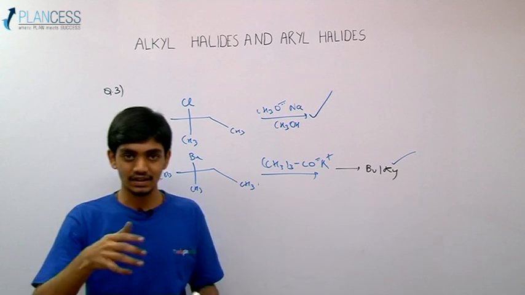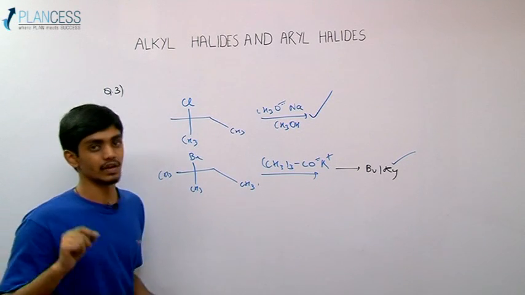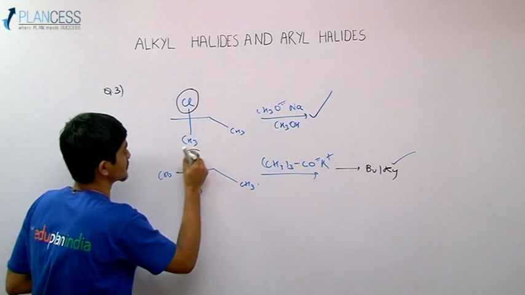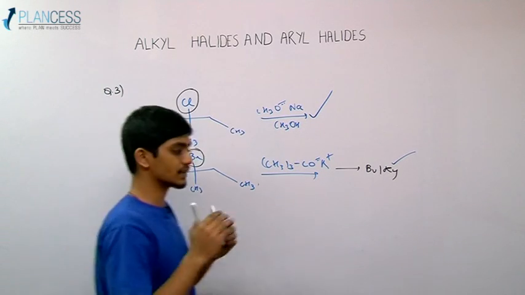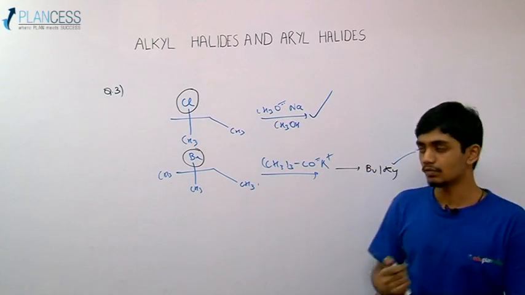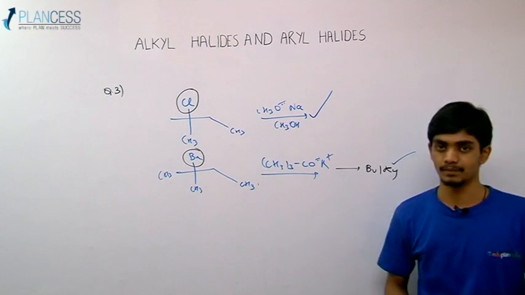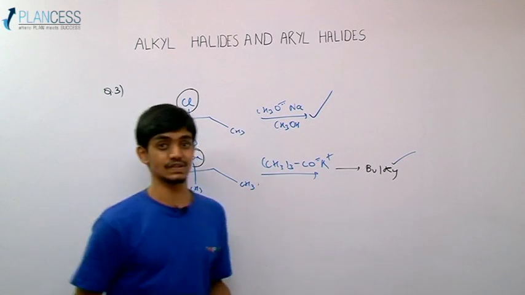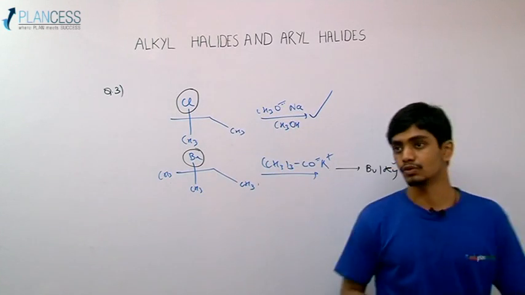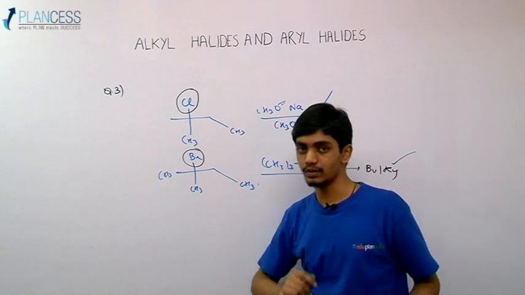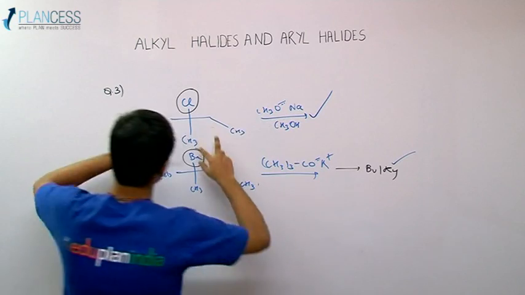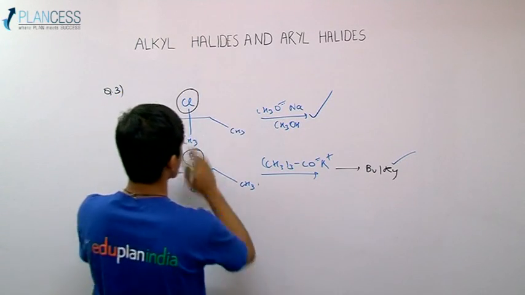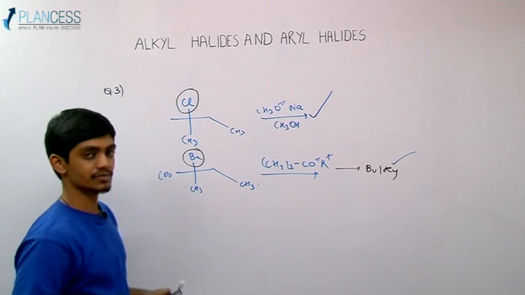And don't apply your logic like this. There is one more reason why I am saying that. See this chlorine and see this bromine. Tell me the leavability is more for what? Clearly it is bromine, and hence the chlorine won't leave so easily. So that means if you go through the SN2 pathway, these three CH3 groups face the back side, or it becomes planar, and CH3O minus comes and attacks.